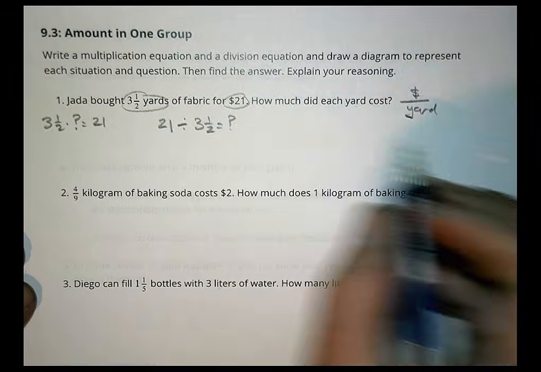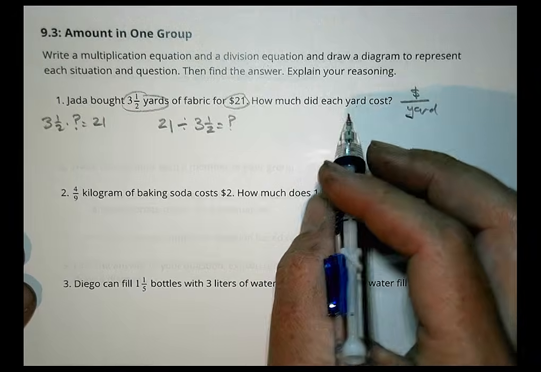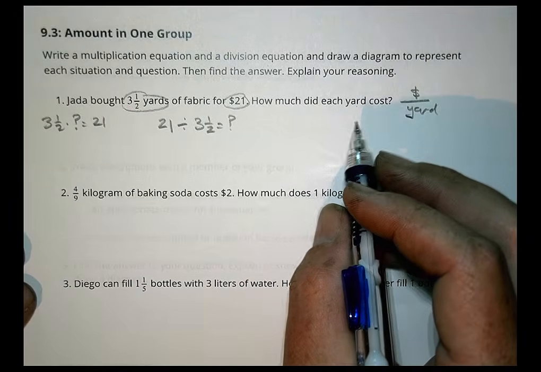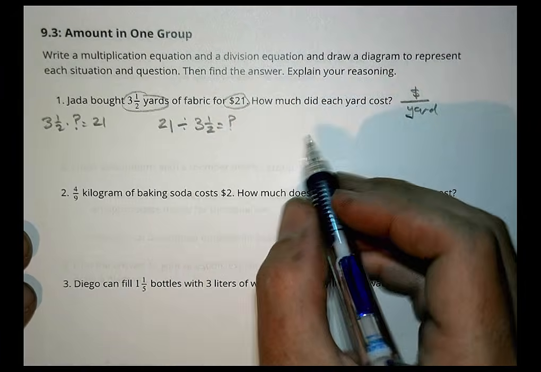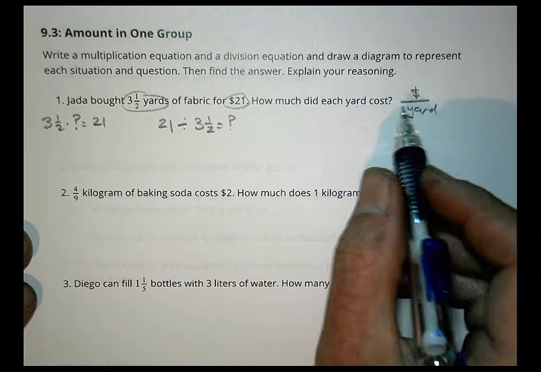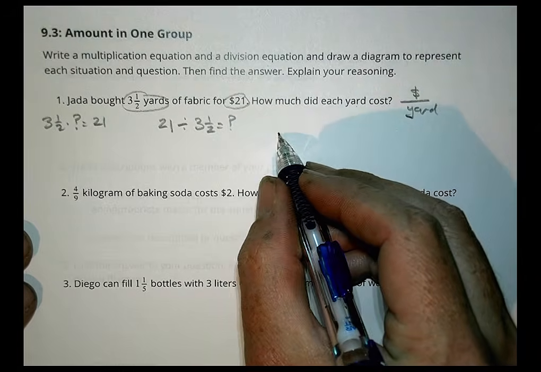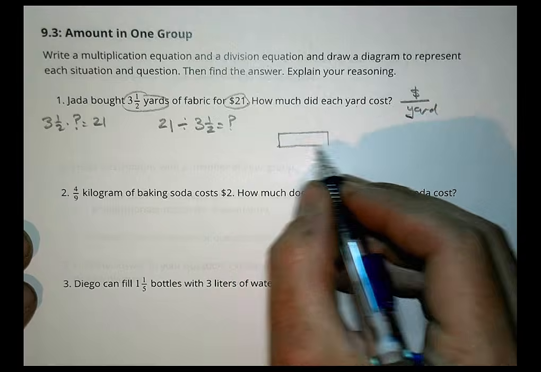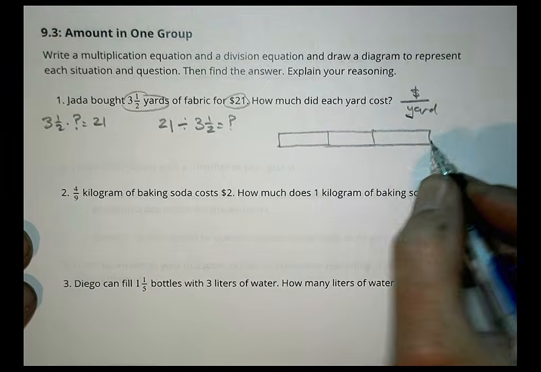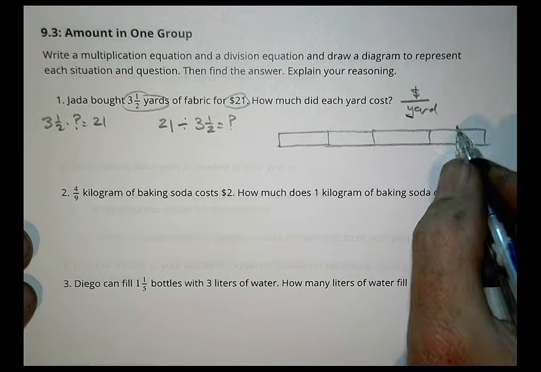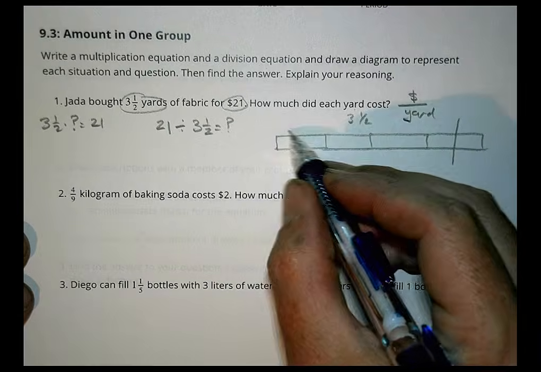Alright, so what are we talking about here? Well, in terms of the yard, we have 3.5 yards of fabric for $21. We want how much per 1 yard is the idea. So let's take the fabric here. Let's do a yard. Let's do a yard. Let's do a yard. And let's do half of a yard to represent our 3.5 yards of fabric.